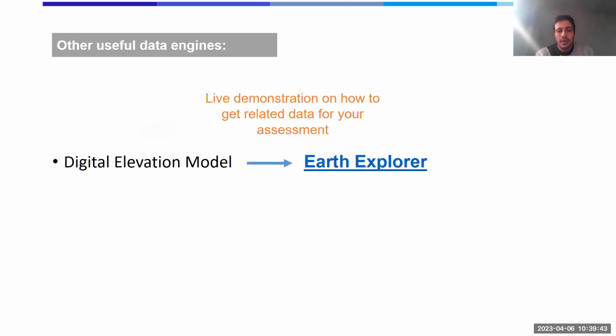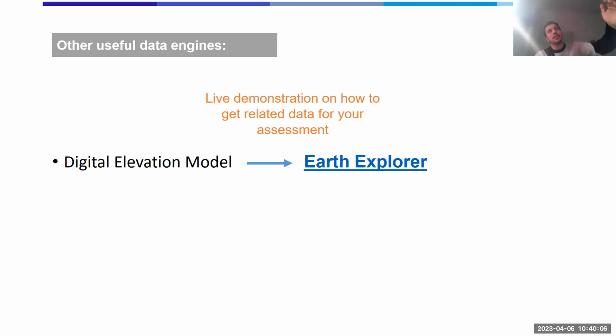Also, there are other useful data engines. I think most of the time, before starting the assessment, you need to know the topography of the catchment and the elevation, because elevation plays an important role with everything in the catchment, also in precipitation.